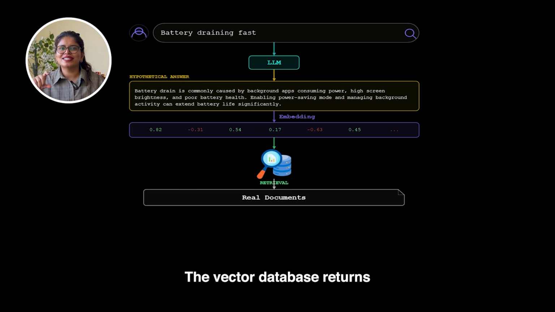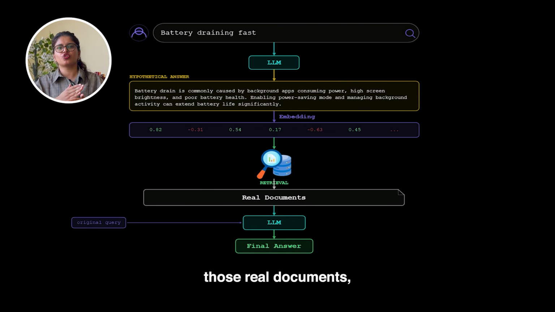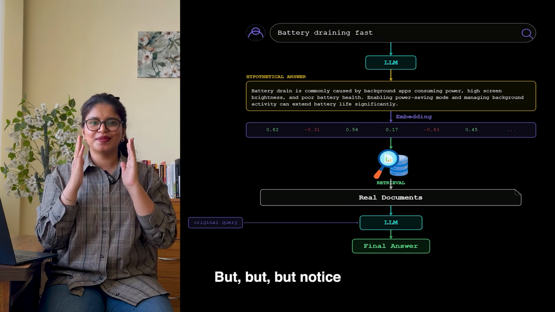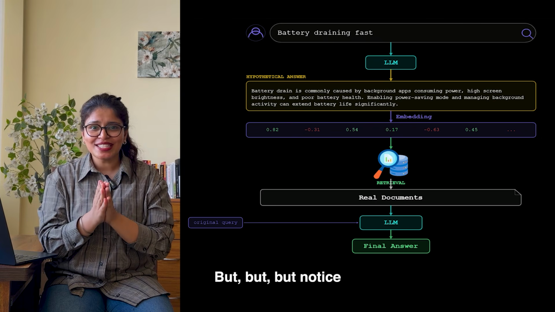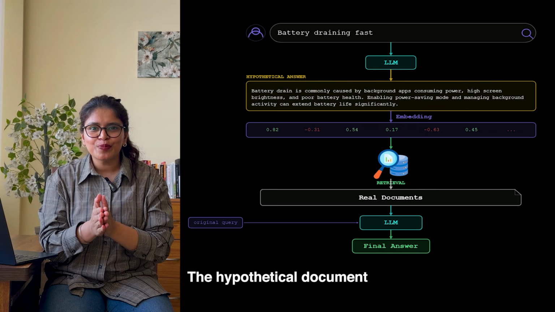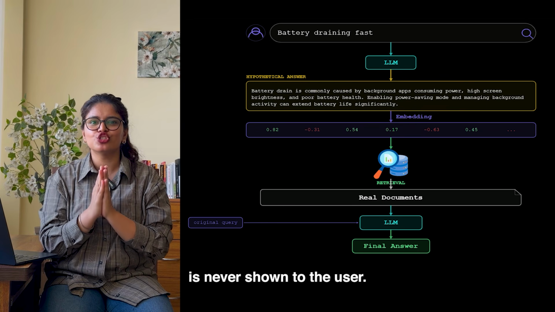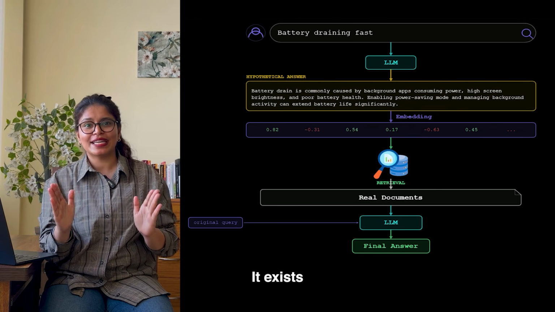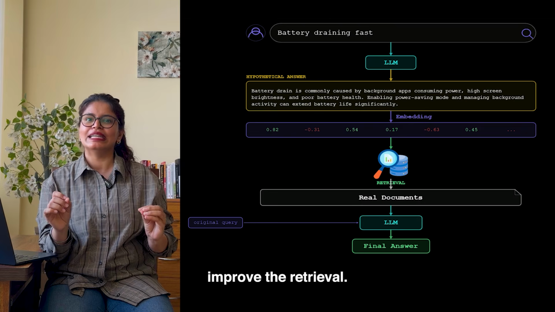The vector database returns real documents, and finally, those real documents along with the original question are sent to the LLM to generate the final answer. But notice something important. The hypothetical document is never shown to the user. It exists only to improve the retrieval.